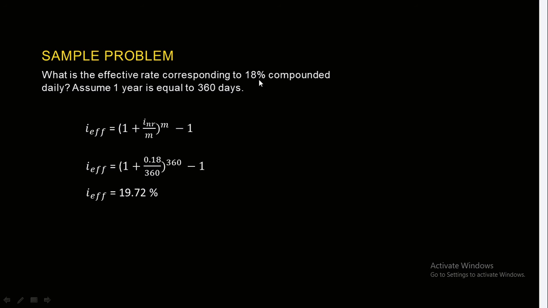So our 18% is the nominal interest rate. And then we want to find the effective rate. So 360 is m. So the effective interest rate is equal to 19.72%. So this will be the effective interest rate.